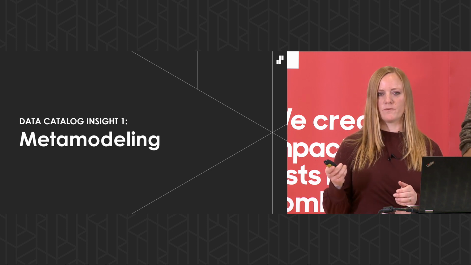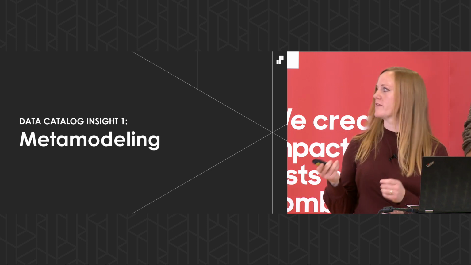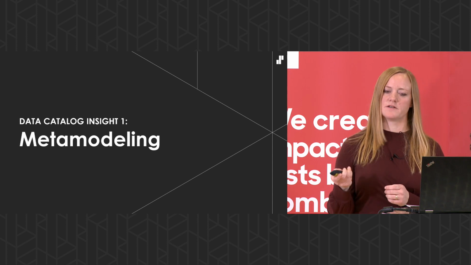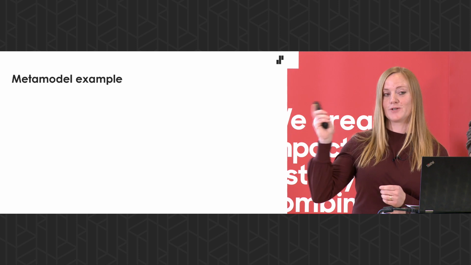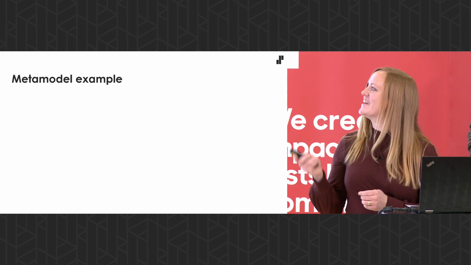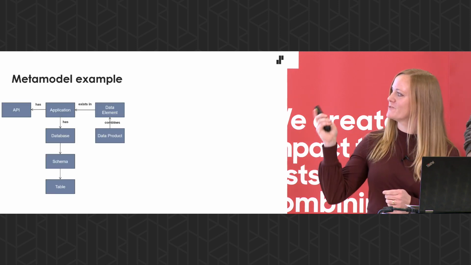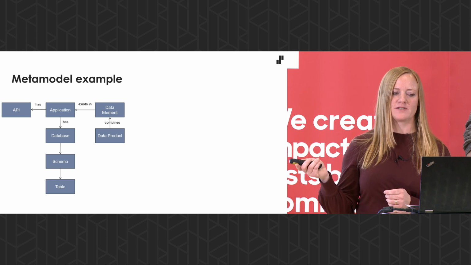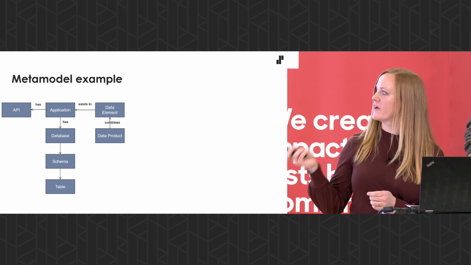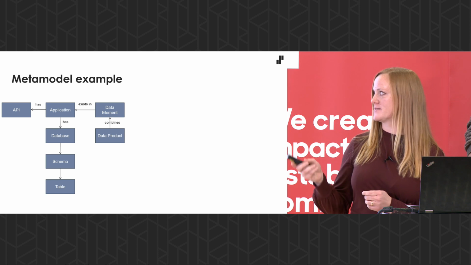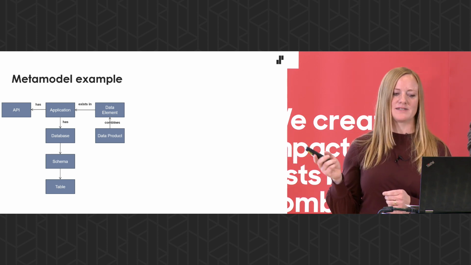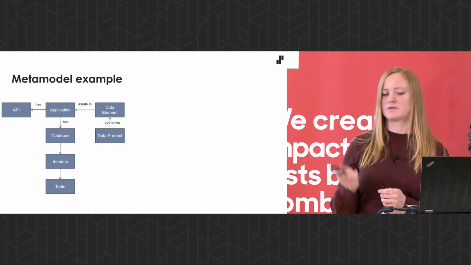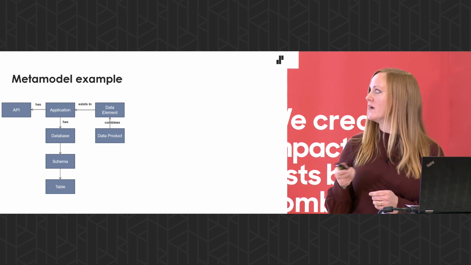So what we have taken with us today is how do we actually do this? Most of us are very used to what we see here on the left side, the blue side, the technical layer. This is an example, so it's not exhaustive. We have applications, it can be an ERP system, CRM, and so forth. We have databases, schemas, tables, and even an application also has APIs connected to it.